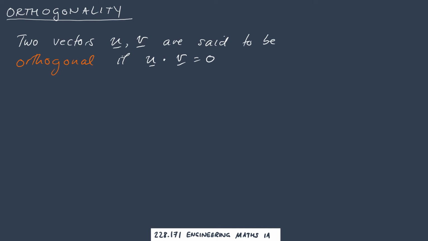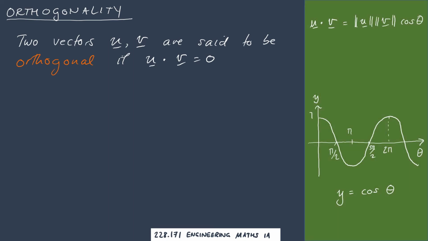So if I've got two vectors u and v, we say that they're orthogonal if their dot product is 0. Now, it'd be good to have some idea of what that means, so we can get some insight into this by looking at the formula that we just derived before. So I've got this formula, u dot v is length of u, length of v, cosine theta.